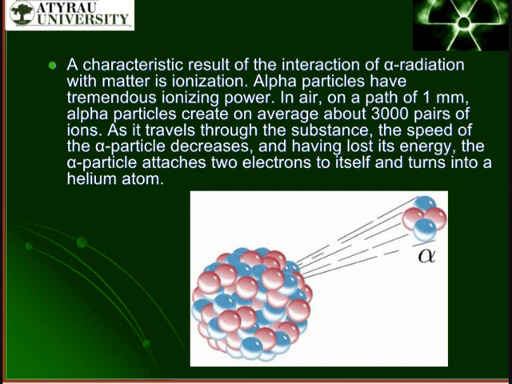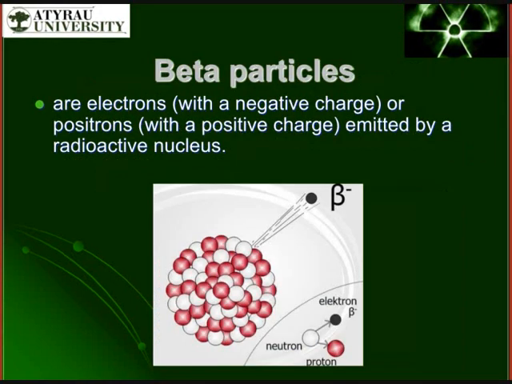However, it is extremely dangerous for an alpha-active substance to enter the human body with concentration of more than the maximum permissible values. Beta particles are electrons, negatively charged, or positrons, positively charged, emitted from a radioactive nucleus. Beta particles have a charge of -1 or +1.